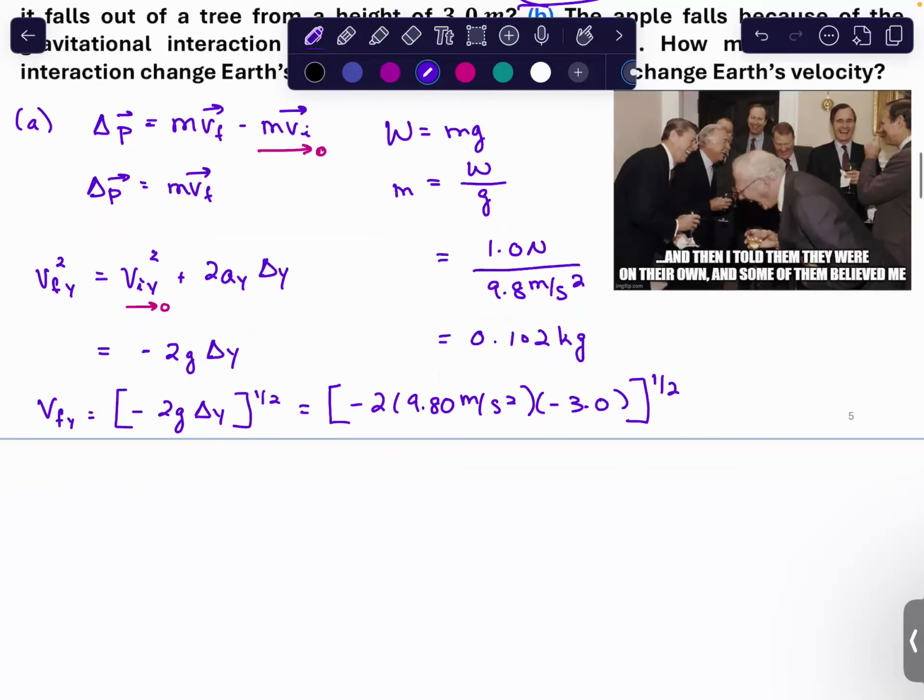So our final velocity, what was it? 11.67 meters per second. So now we can solve for the change in momentum.